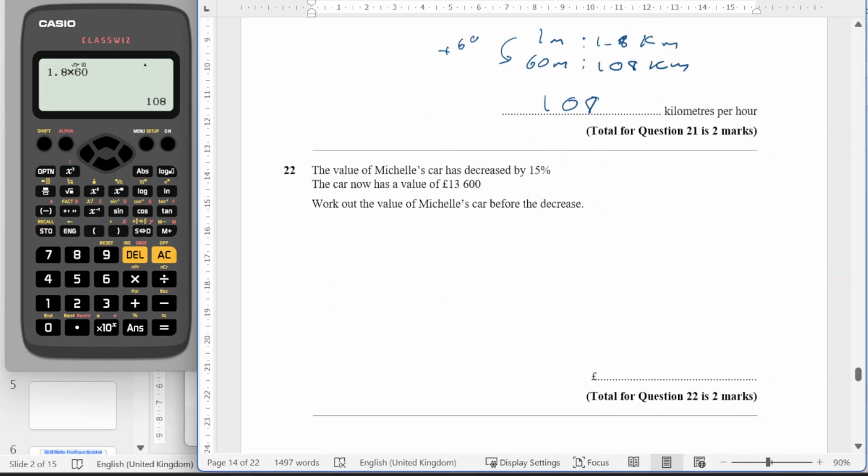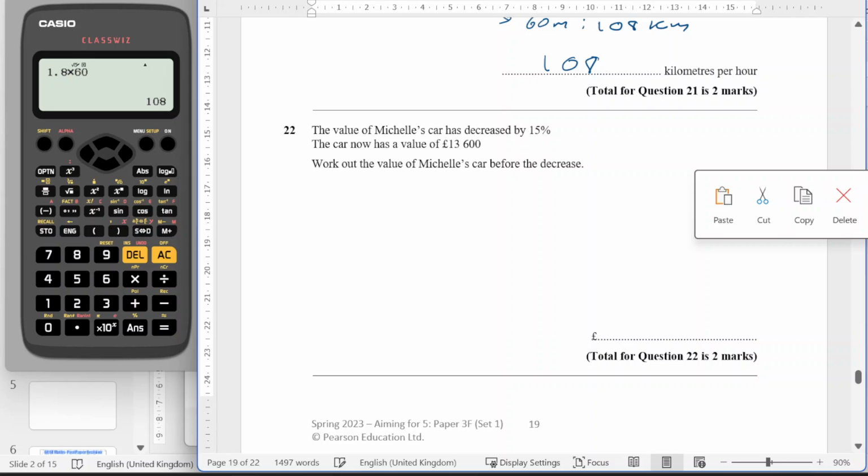Okay, question 22. The value of Michael's car decreases by 15%. The car now has a value of 13,600. Work out the value of Michael's car before the depreciation. So if something's decreased by 15%, it's a multiplier of 0.85.